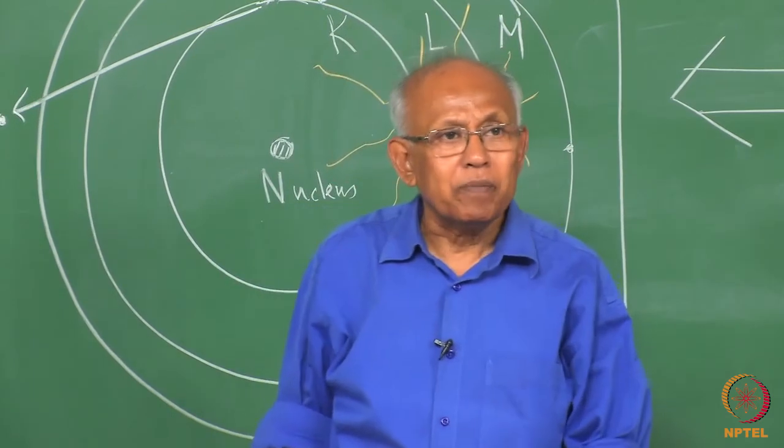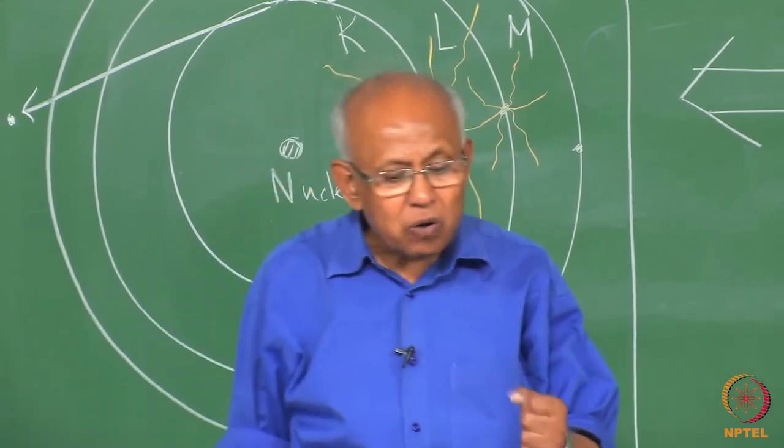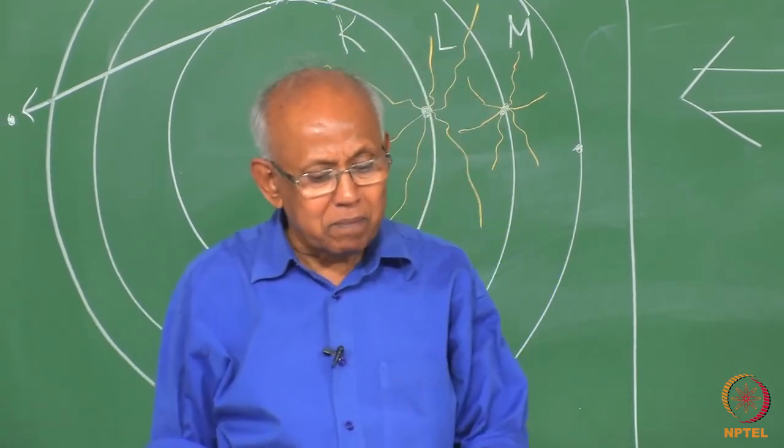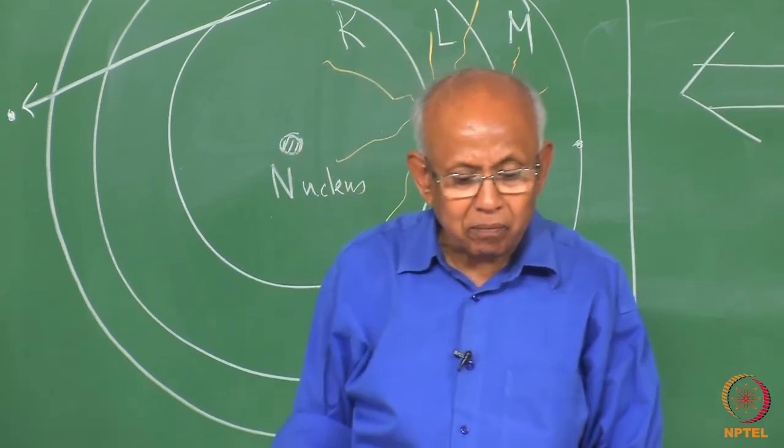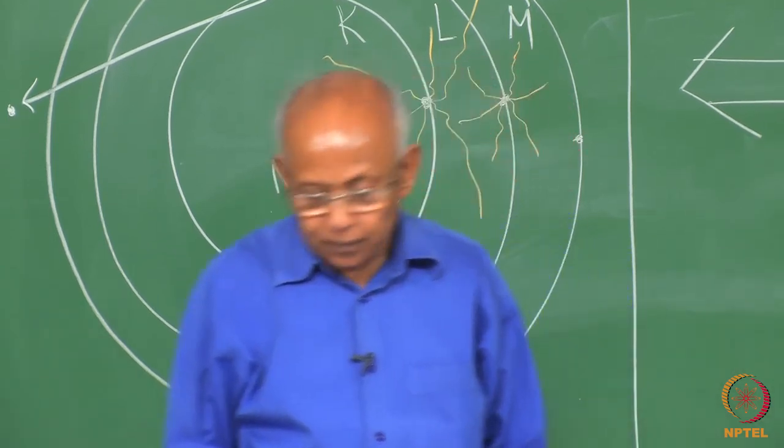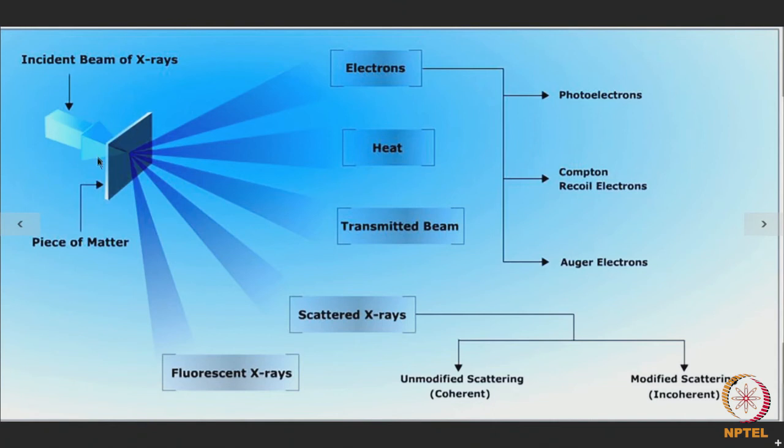So, we must know how an X-ray beam interacts with a piece of matter. Say for example, if you have an X-ray beam and if this is a piece of matter, then we will see that first of all it produces heat. A lot of heat will be generated, and along with that you will produce a strong transmitted beam.